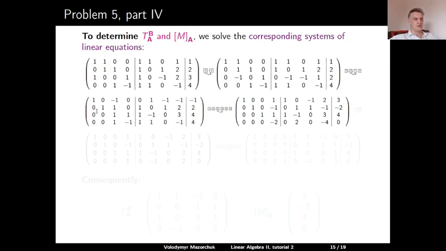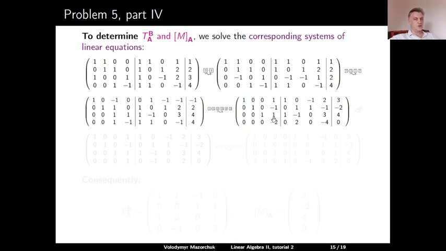Row 2 becomes 0, 1, 0, minus 1, 0, 1, 1, minus 1, minus 2. And row 4 becomes 0, 0, 0, minus 2, 0, 2, 0, minus 4, 0.